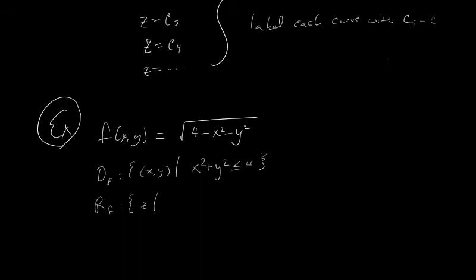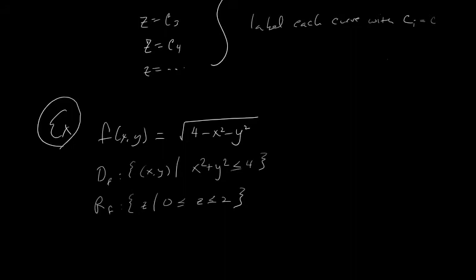The biggest x squared plus y squared can be is 4, because we can't go past that or we violate the domain. So the smallest my function f can be is 0. So my function value z is going to be between 0 and 2, the square root of 4. Okay. All right. So we have our range, we have our domain.